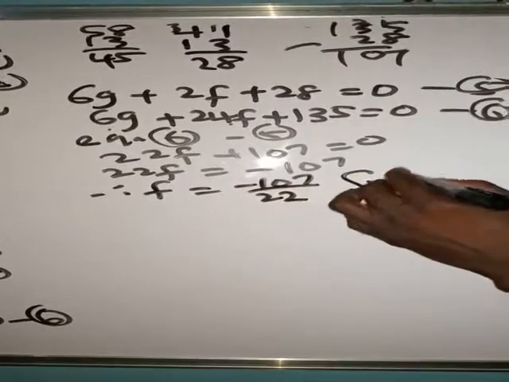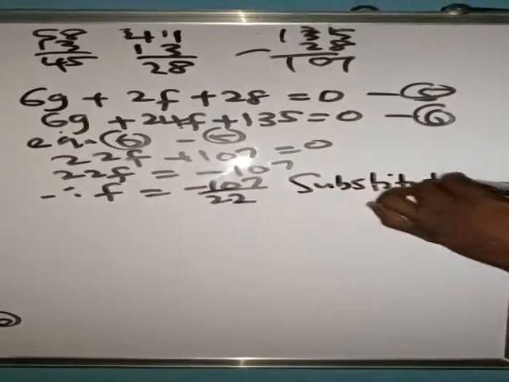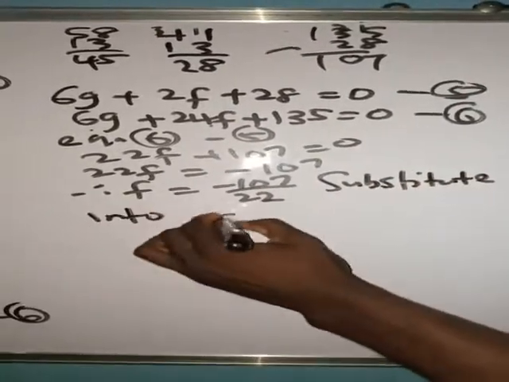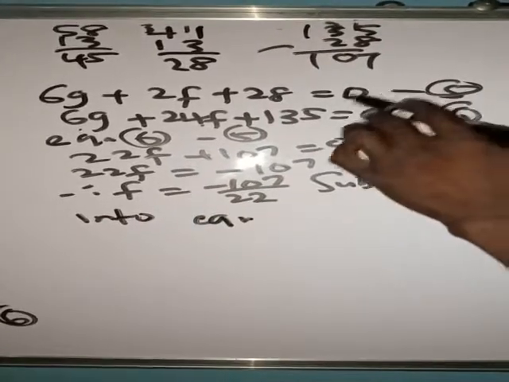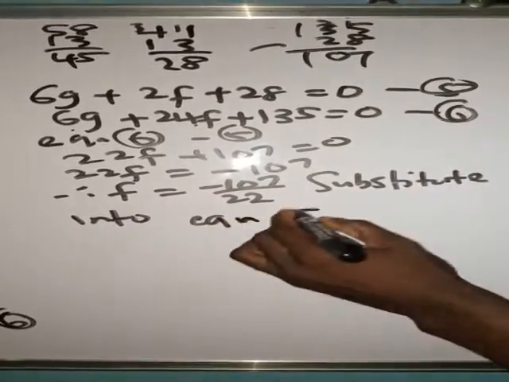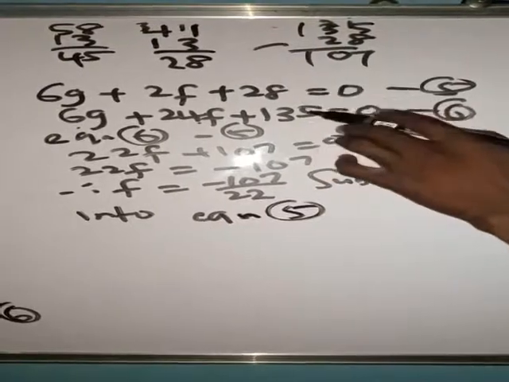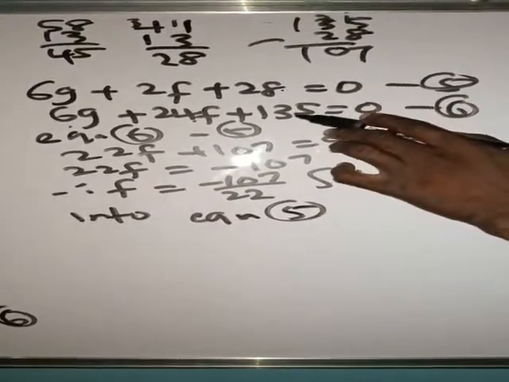To get g, you substitute into an equation. You can use 5, you can use 6. Equation 5 looks simpler because 28 is smaller than 135.